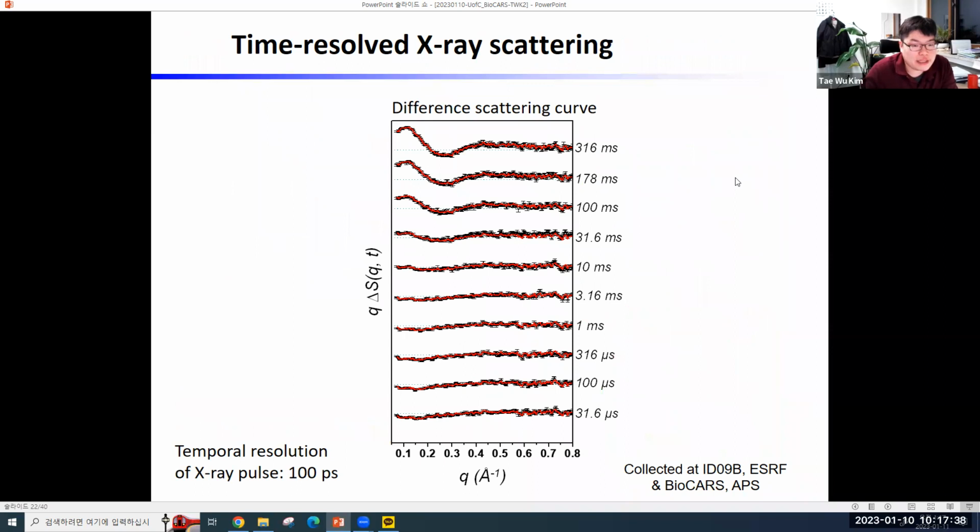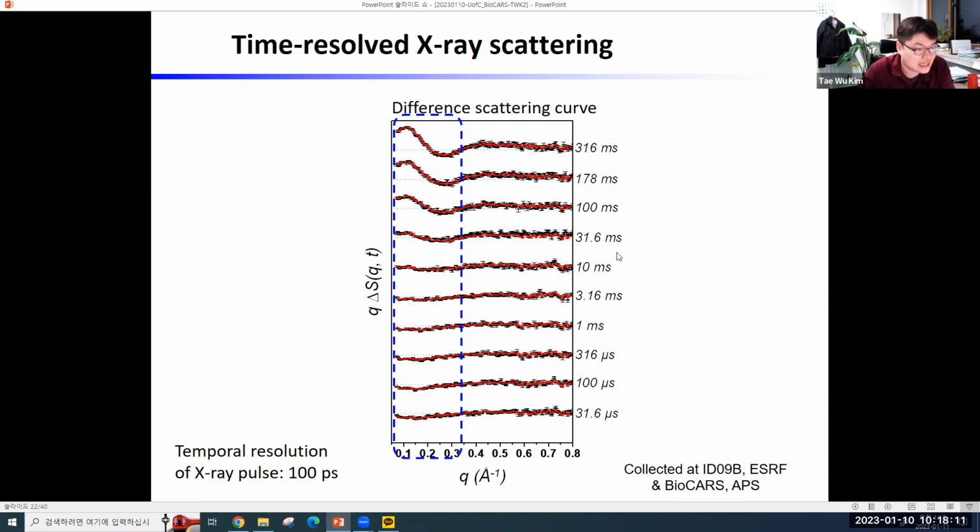Based on our observations in the static X-ray scattering measurement, we performed the time-resolved X-ray scattering study. As you can see in this actual data, there is a very clear oscillation pattern in the small-angle region. Also, this pattern forms around 10 milliseconds, so we can say that some global conformational change happens during the protein folding dynamics.